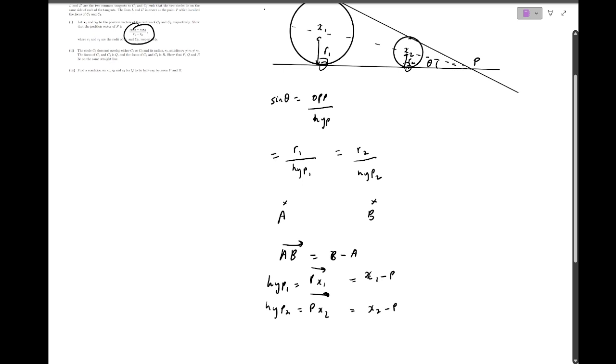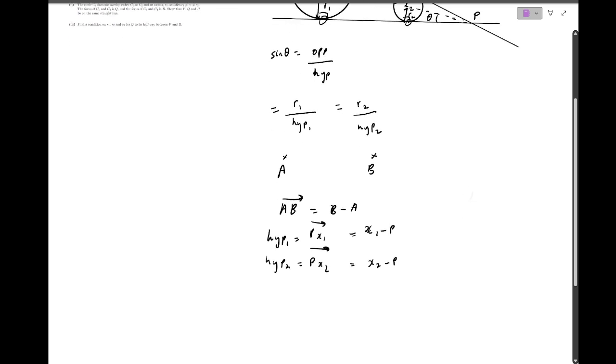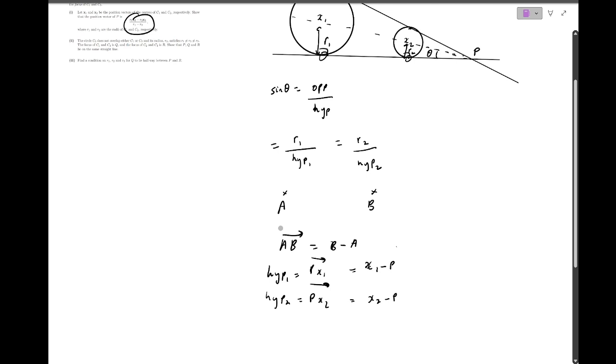So now, going back up here, sine theta is equal to r1 over x1 minus p, but that's also equal to r2 over x2 minus p. Now I'm going to take the reciprocal of both sides. So we have 1 over sine theta is equal to x1 minus p over r1, which is equal to x2 minus p over r2.